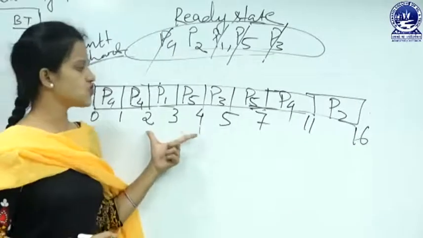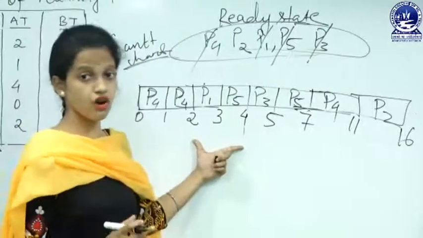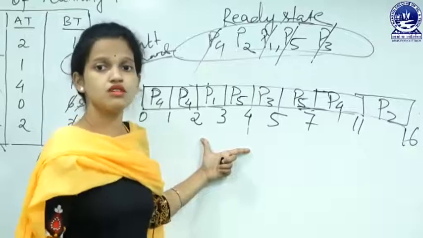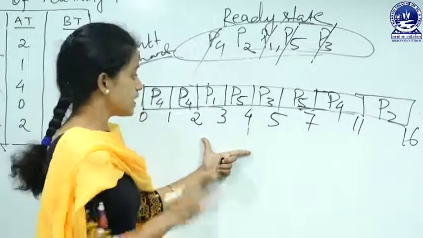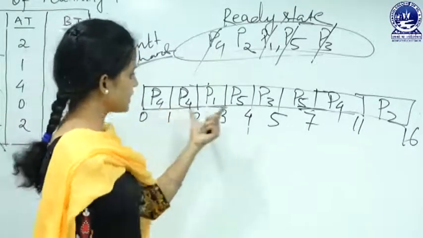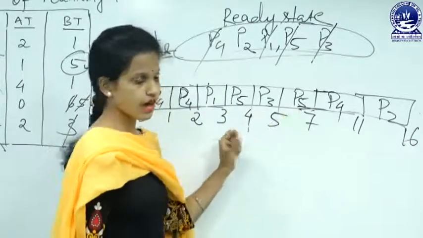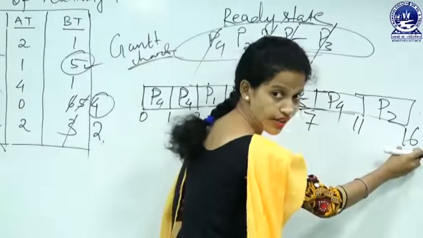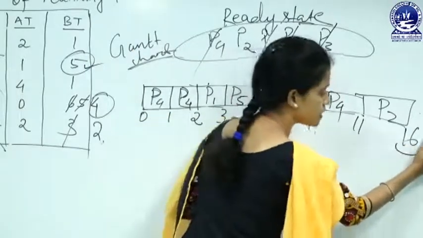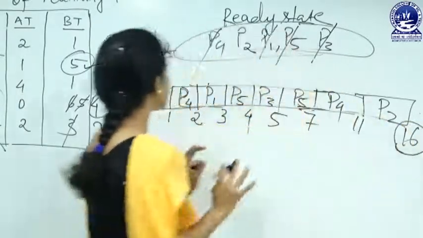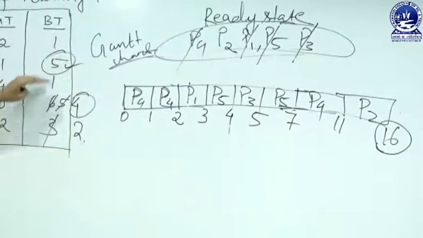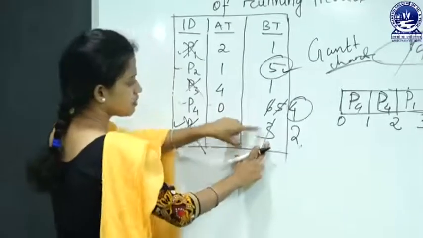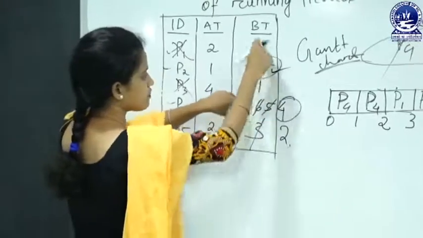So that is the Gantt chart of the preemptive version of SJF. In this case, is there any time when the CPU is idle? No. So the final termination time of the CPU is equal to the sum of burst times: 3 plus 6 is 9, 10, 15 and 16.